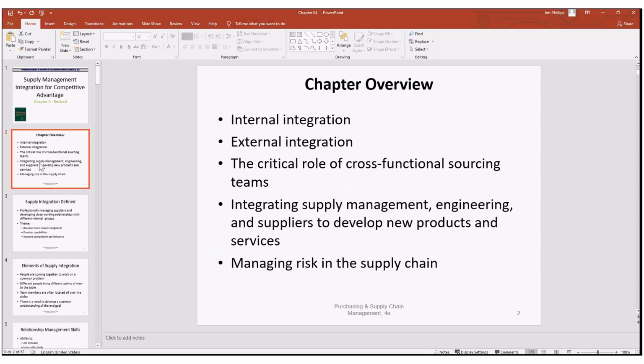The key is integration. That is the main topic of this, and it includes both internal integration, which is inside a company, and external integration, which of course is outside of the company, such as suppliers or government or customs, etc. It will also explore more deeply the critical role of cross-functional sourcing teams. This is a very, very large subject matter.